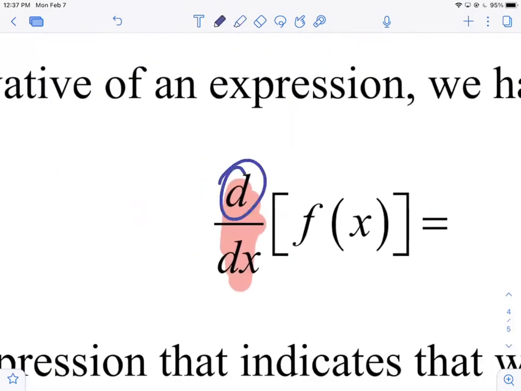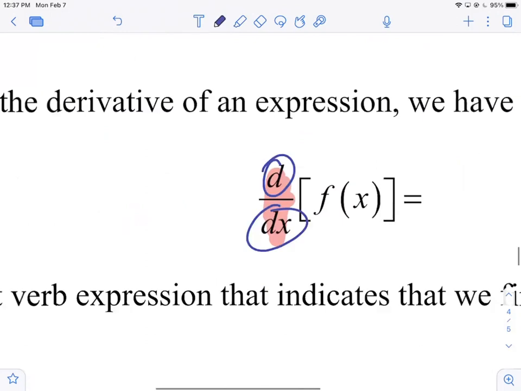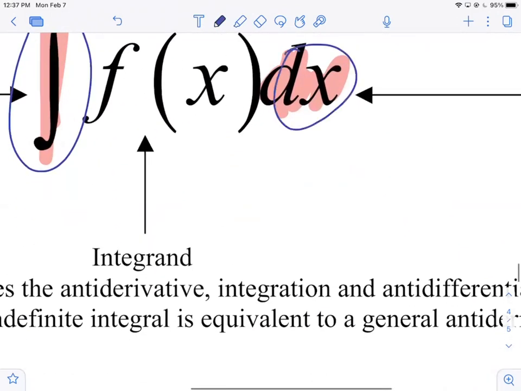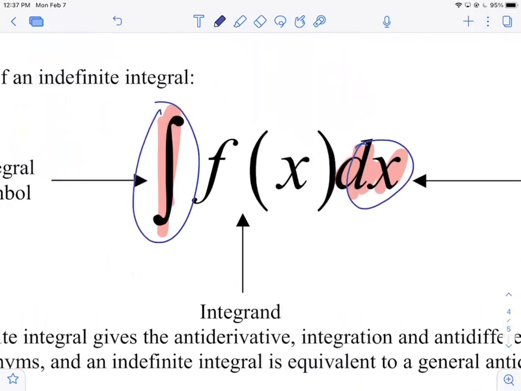We had the derivative with respect to x. This is essentially the integral with respect to x. The derivative is really division, and the integral, as you can see here, is actually multiplication, f of x times dx, okay?